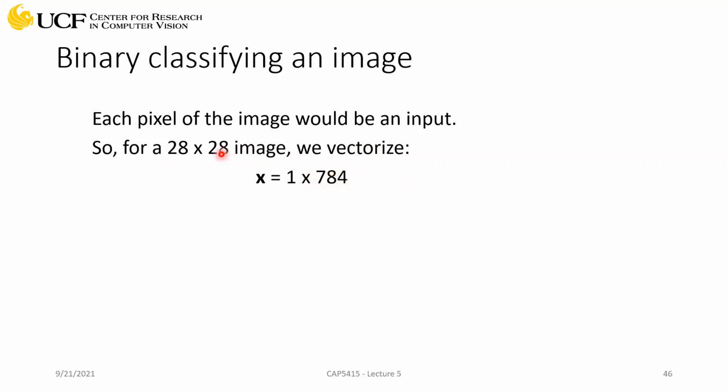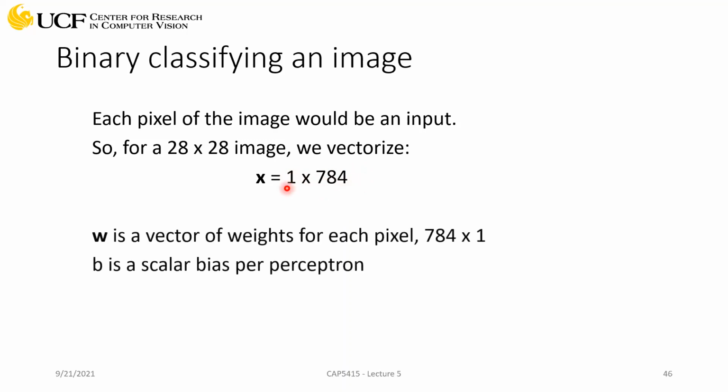This input image you can represent as a vector, or you can represent that as a matrix as well. In that matrix, you only have one row. Then for this kind of input, you need a weight for each pixel location, which means that you need 784 different weight values.